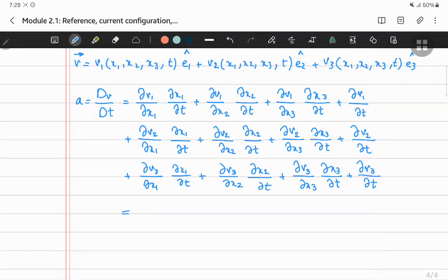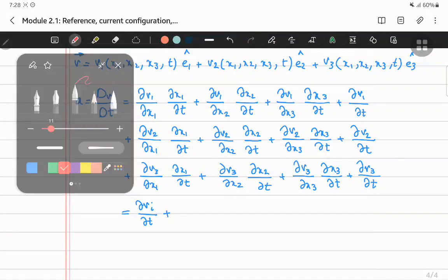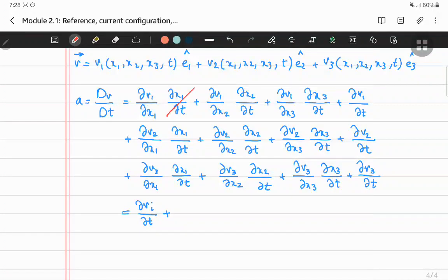So if I reorganize, you'll see that we have here the partial derivative of vi with respect to t, where i can be 1, 2, 3, plus, here you can see that I have this, for example, as v1, this is v2, this is v3, and we go for the rest.